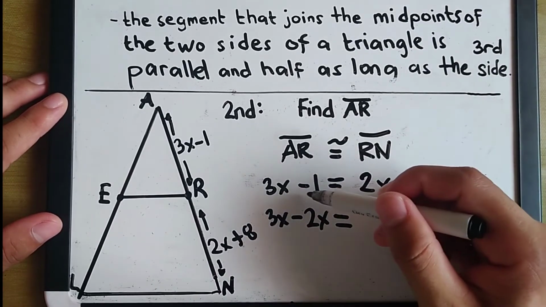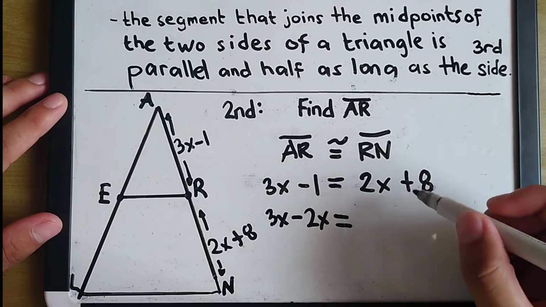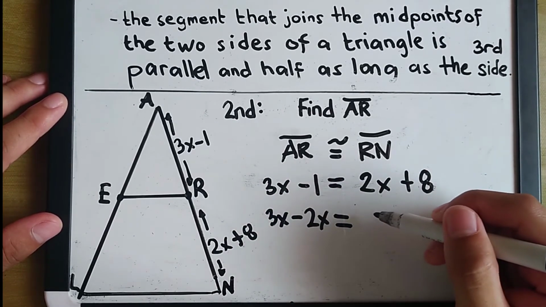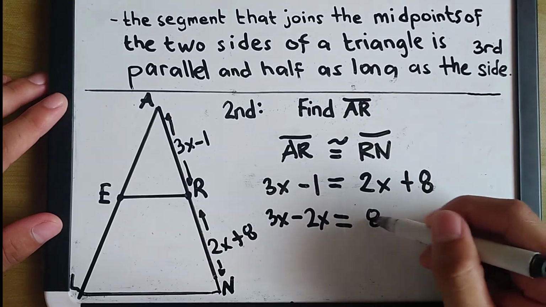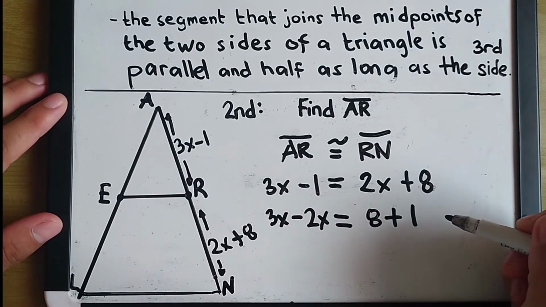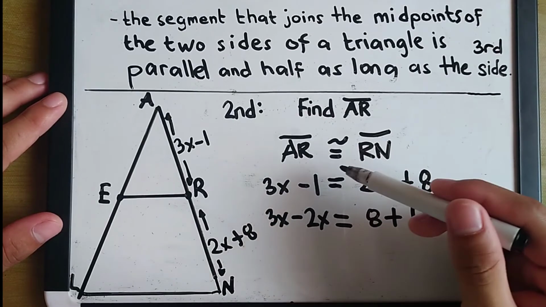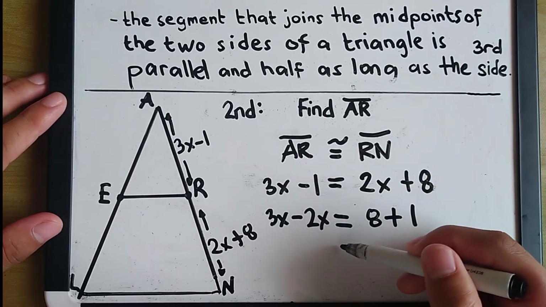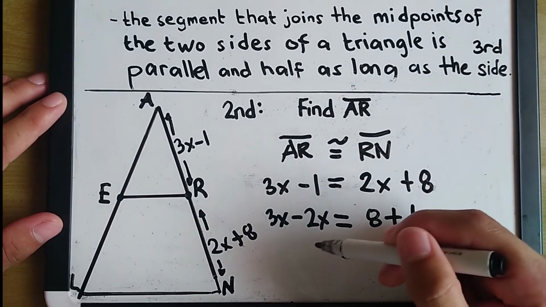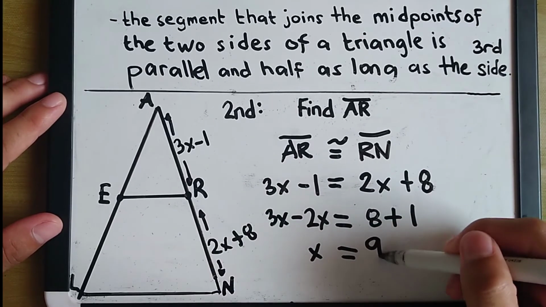Now we will transpose negative 1 into the right side. So we will add 1 in the left side so that negative 1 will be cancelled. So our value of x is equal to 9.